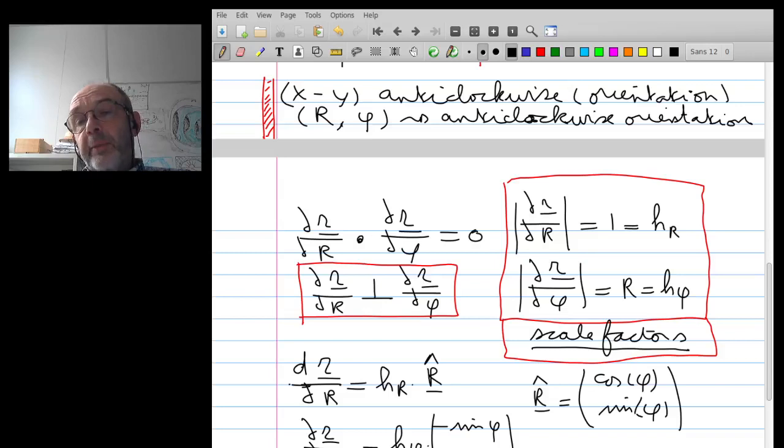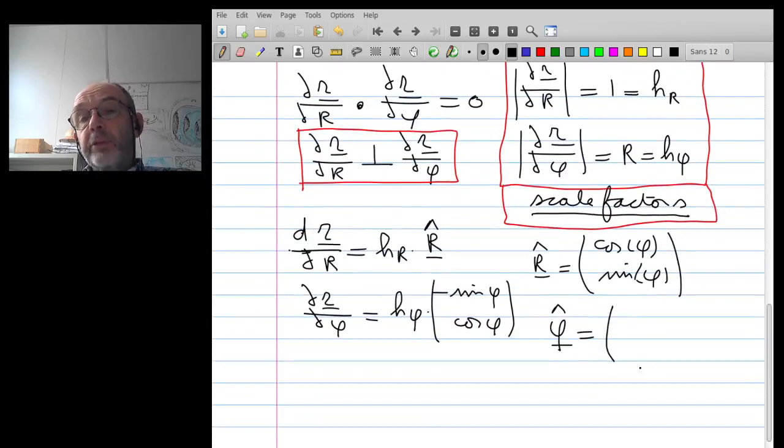And so we have that the unit vector of the angle, you take the derivative and you divide by its own length, or you can also say you take the derivative and divide by the scale vector. That gives you minus sine of phi, cosine of phi.